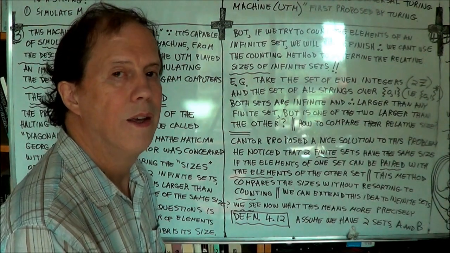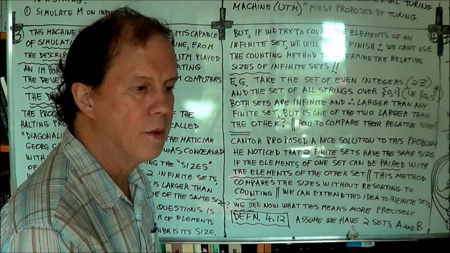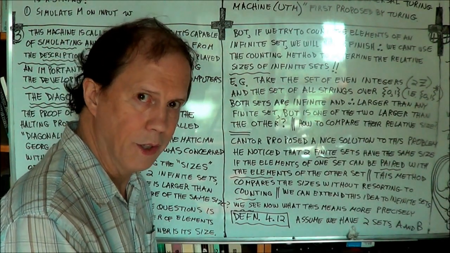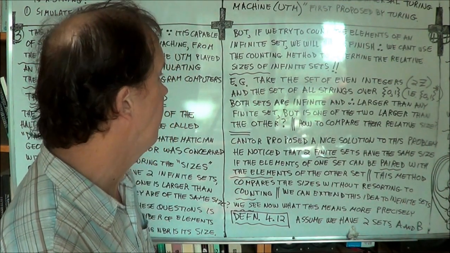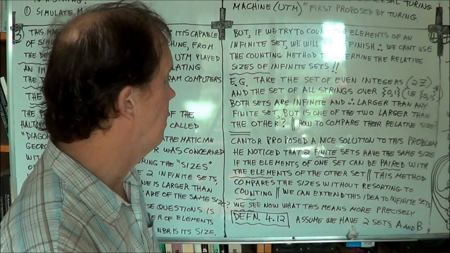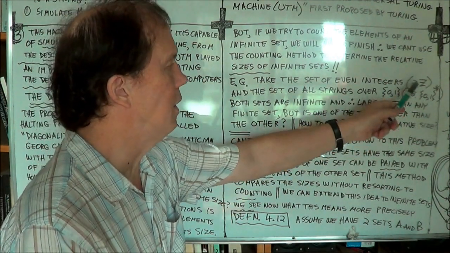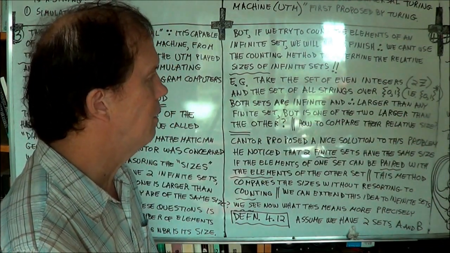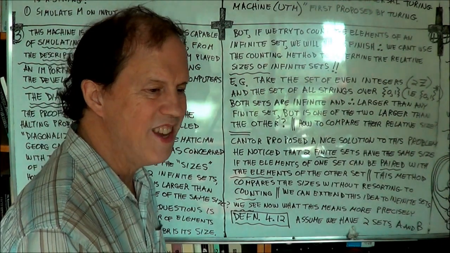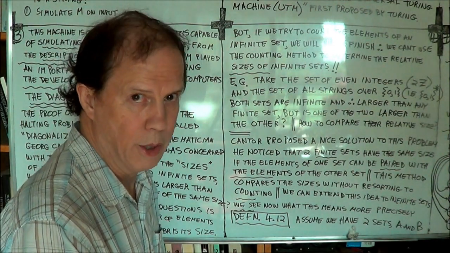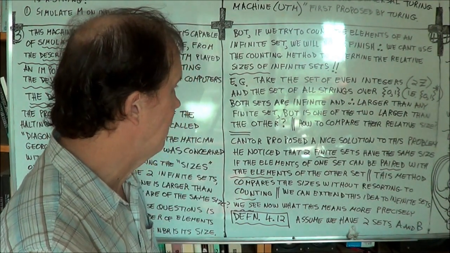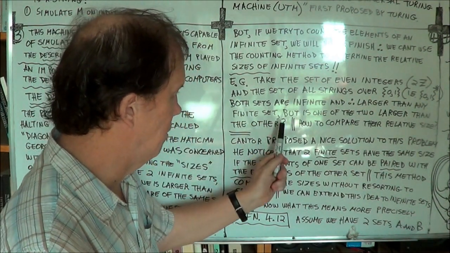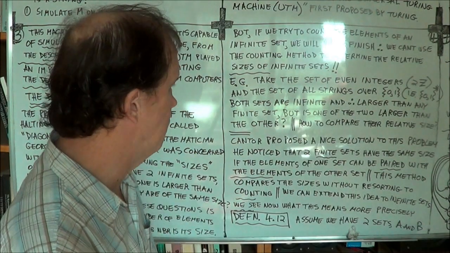If you can, then those two sets, by Cantor's definition, are equal. Right? Now, is one of them actually larger than the other? That would be the case if you cannot pair them off, right? So that's a question we're considering.